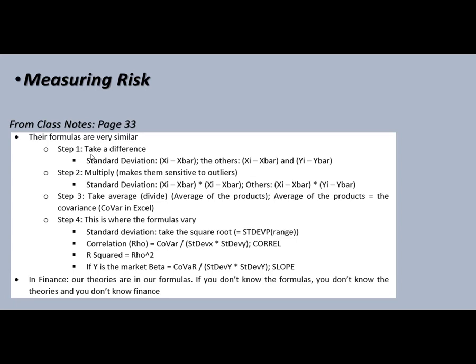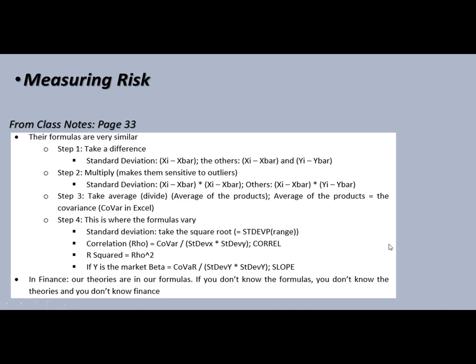So you take the difference, but you need the difference for both data sets. Alright? So that's the first thing you do. So that right there tells you a lot about finance. Standard deviation, our definition of risk, is how far can you be from the average, that X bar. That's our whole focus of risk in finance. How far can you be from the average?